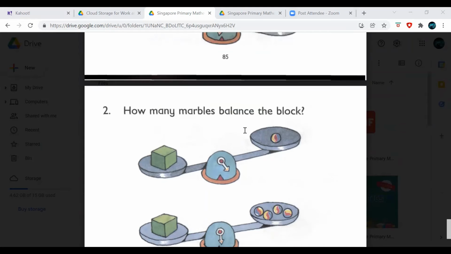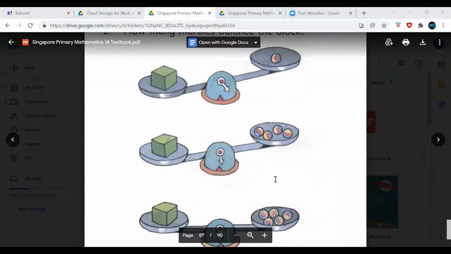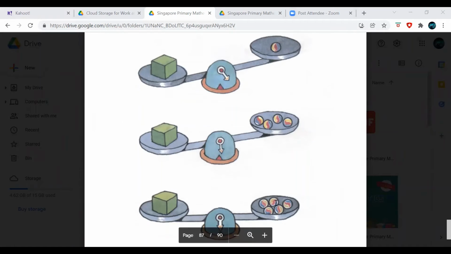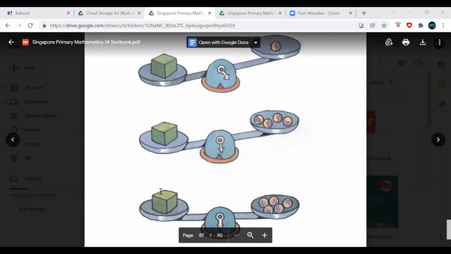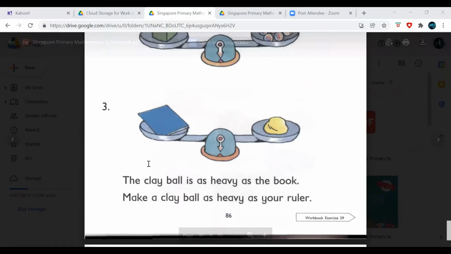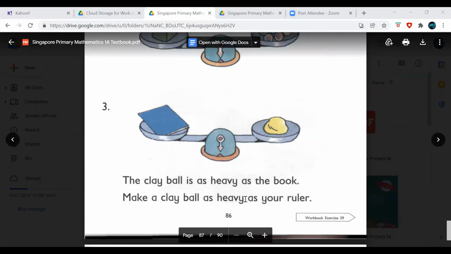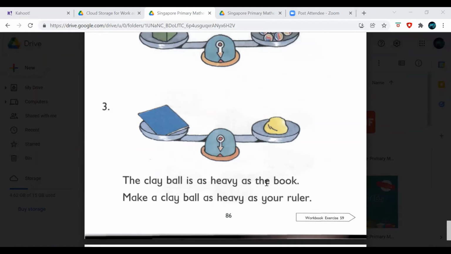So to answer the question, how many marbles balance the block? You can say 5, because you see 5 marbles is able to make it still, or make it flat. Okay, the clay ball is as heavy as the book. Make a clay ball as heavy as your ruler.